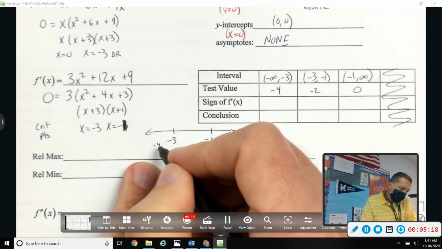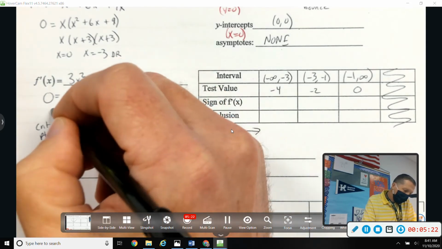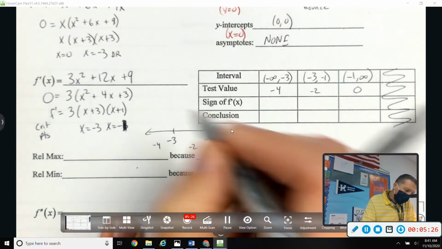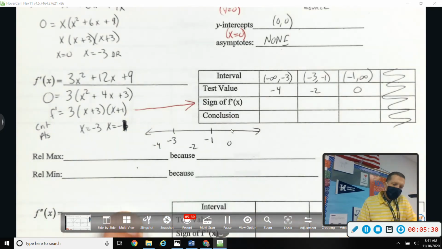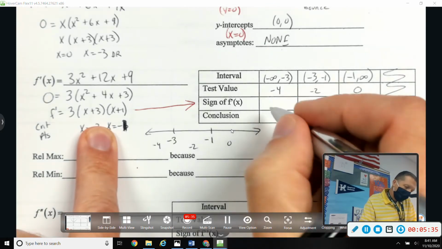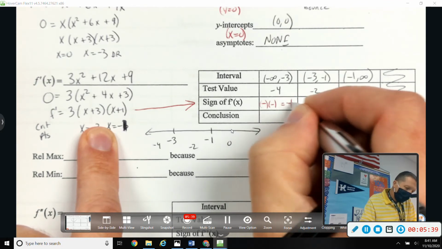All right, if I plug in negative 4, I think I would use the factored form here. If I plug in negative 4, I get negative times negative equals positive.